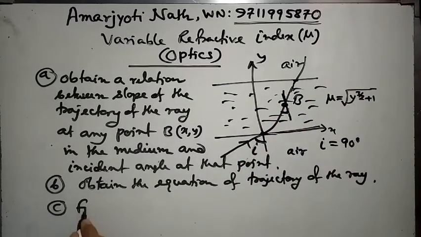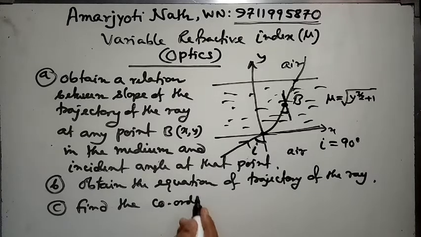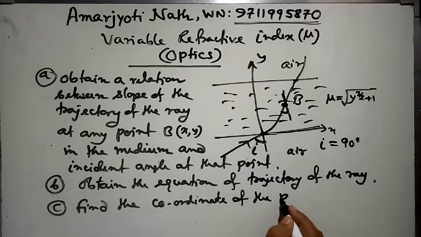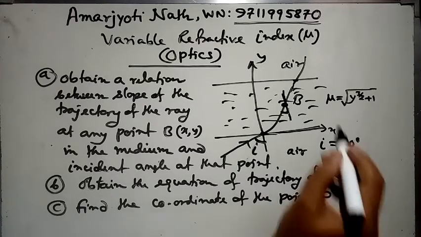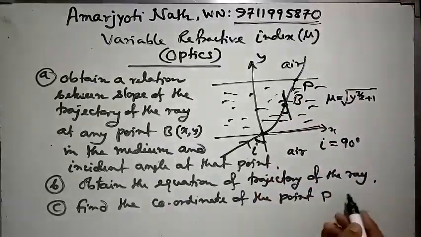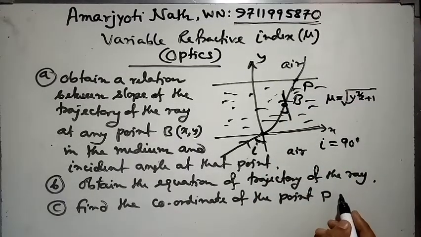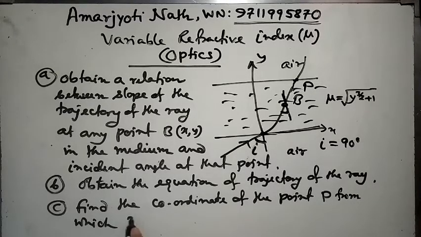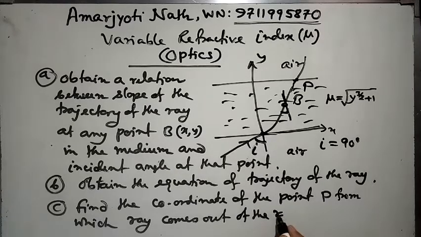Find the coordinate of the point, say P, say this point is P, from which the ray comes out of the medium.